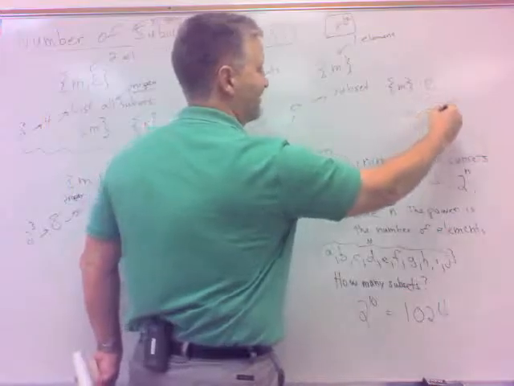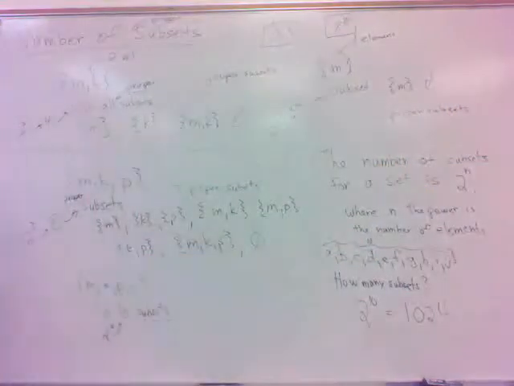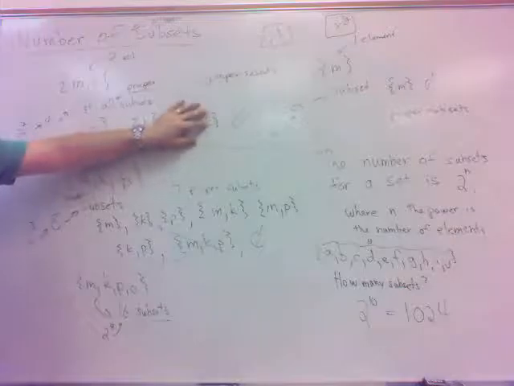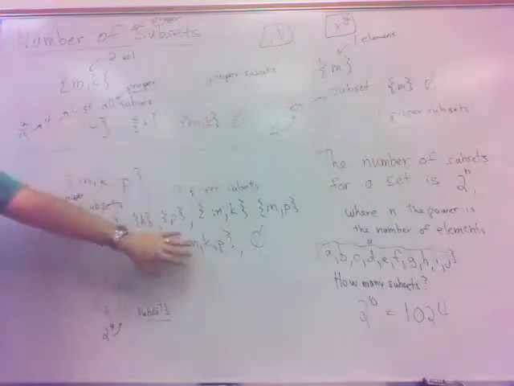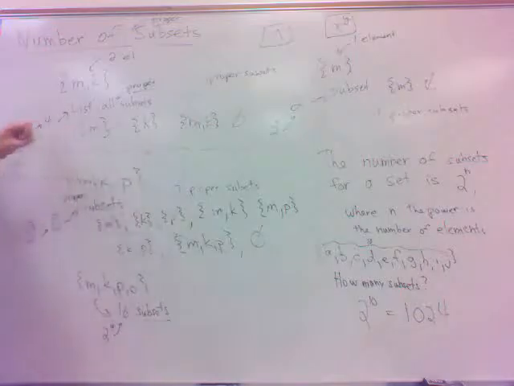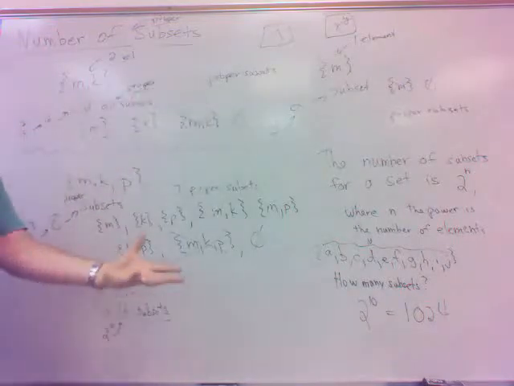What's going on here? Well, all it comes down to is we lose 1 set, right? This one's a subset, but it's not a proper subset. So there's 8 subsets here, but only 7 proper subsets. There's 4 subsets, but only 3. So what's the story?